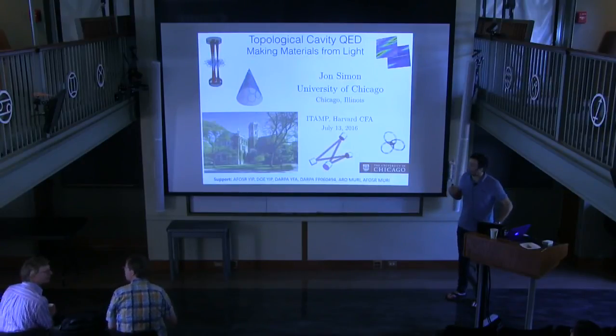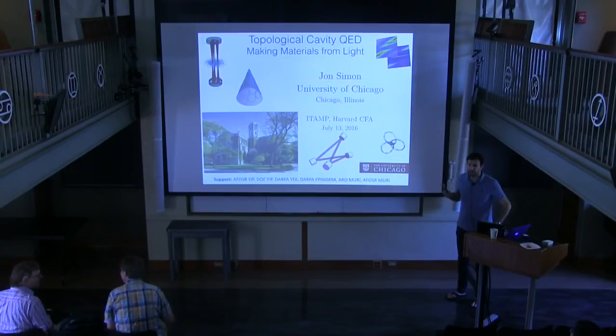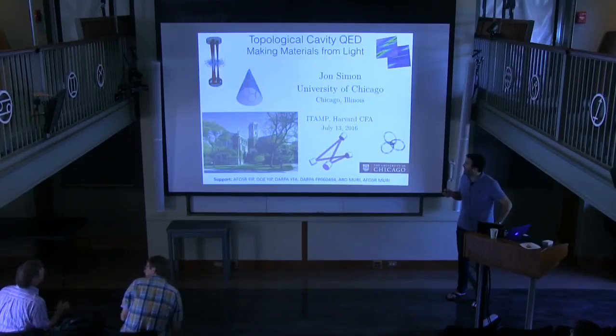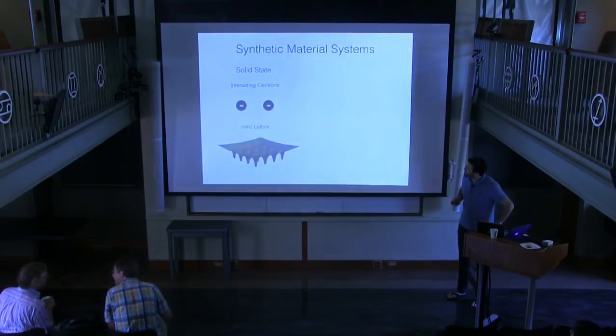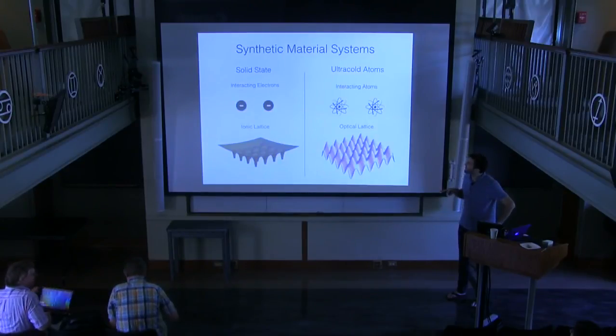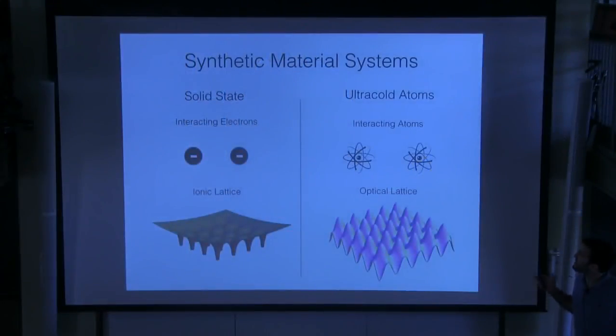As Tillman said, I'm going to tell you about ongoing work in my group making, in particular today, topological materials out of light. The paradigm that we're most familiar with here is synthetic materials made either in the solid state, electrons tunneling around in some topological ionic lattice, or ultra-cold atoms hopping around in some optical potential.